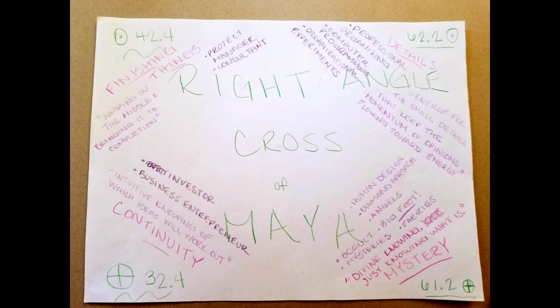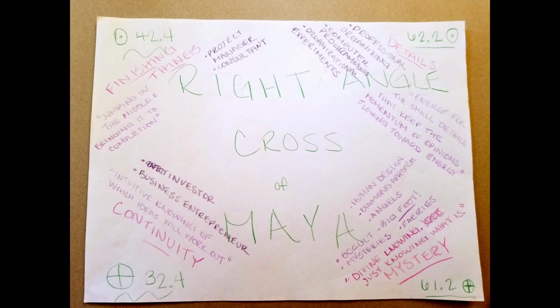My conscious earth in 61 is called mystery, and it explains why I have things in my life like human design, a spiritual system called Diamond Approach, my obsession with angels, my obsession with Bigfoot, fairies, the occult, mysteries, and the gate is described as divine knowing, just knowing what is.